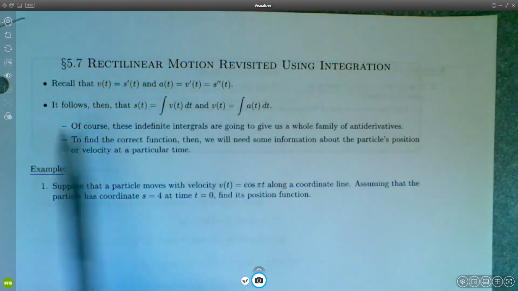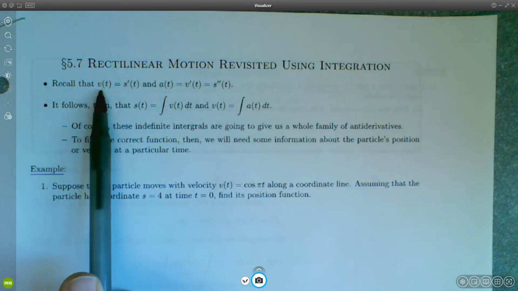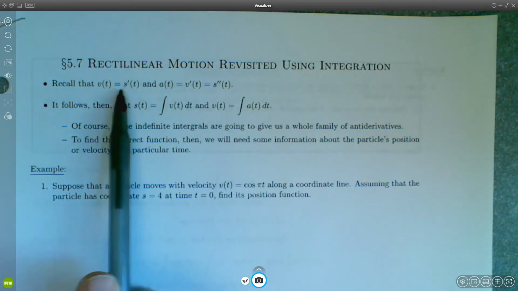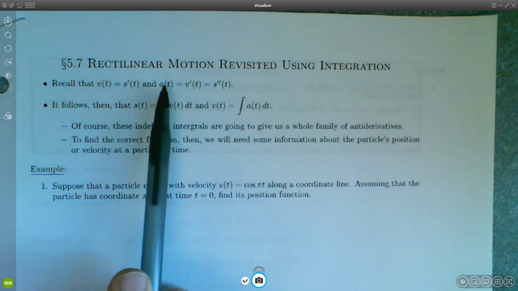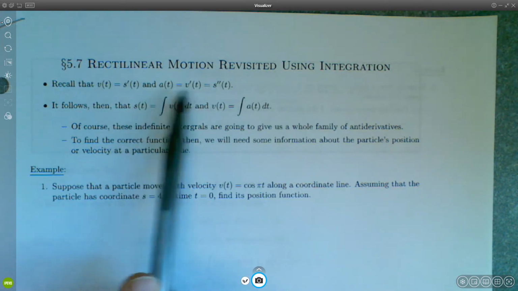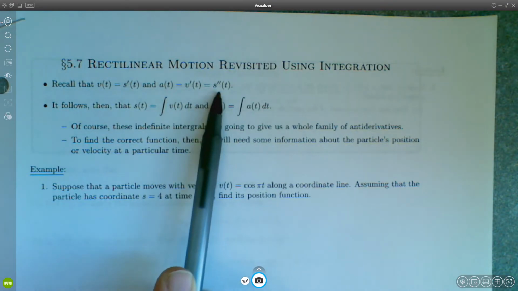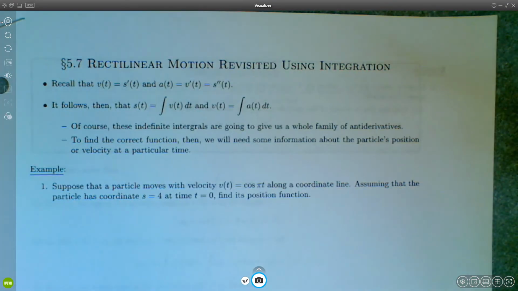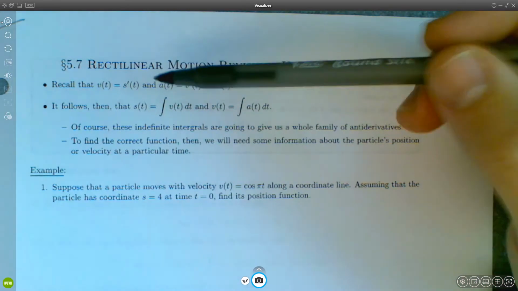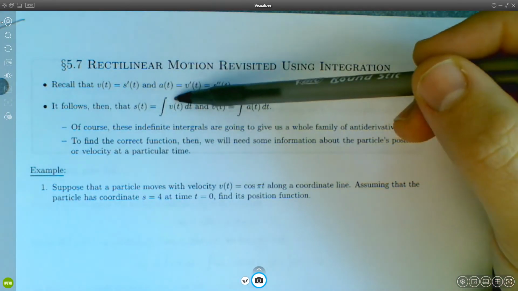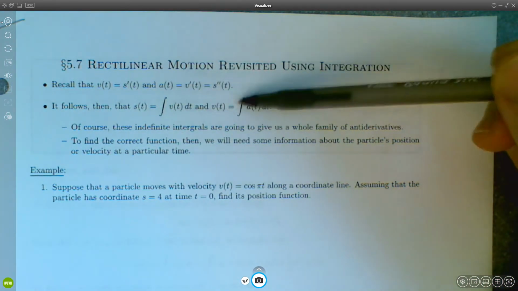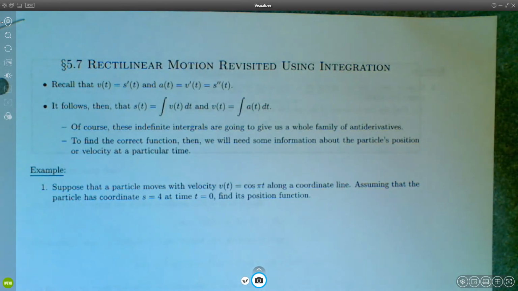So you may recall that the velocity is just the derivative of the position function, and acceleration is just the derivative of velocity, or in other words, the second derivative of the position function. So it follows then that the position function is the integral of the velocity, and the velocity is the integral of the acceleration, right?